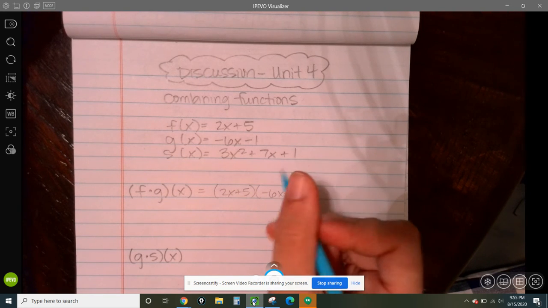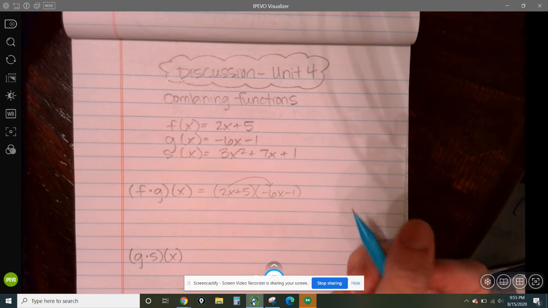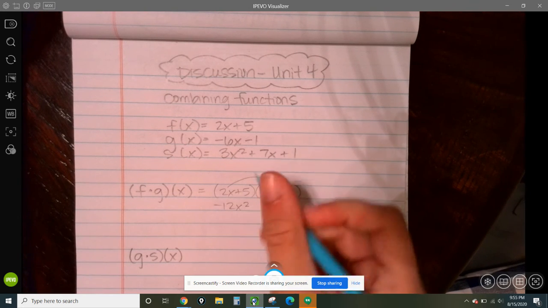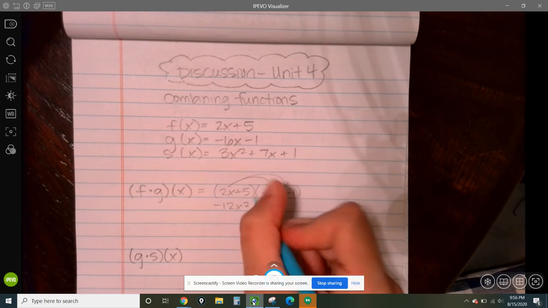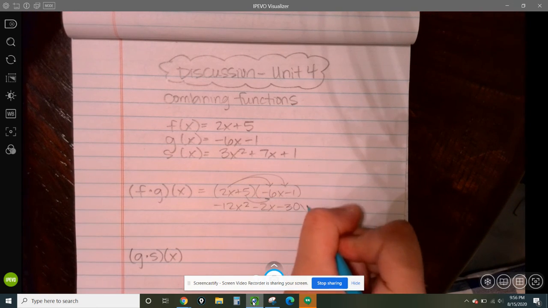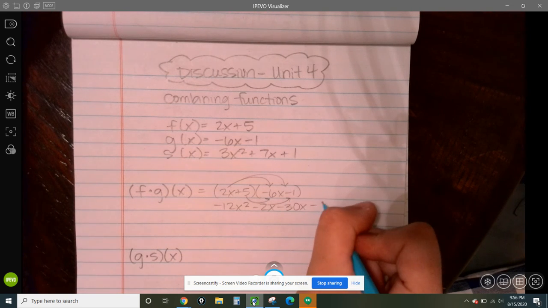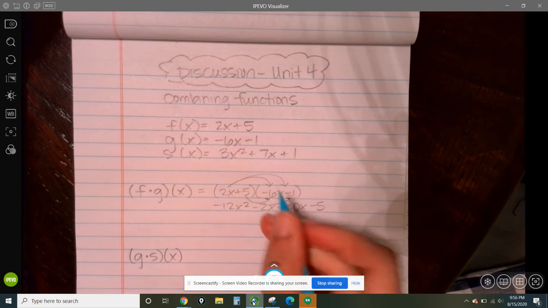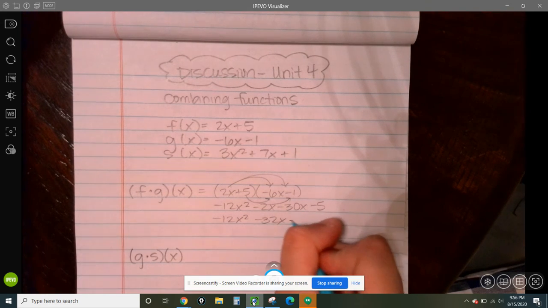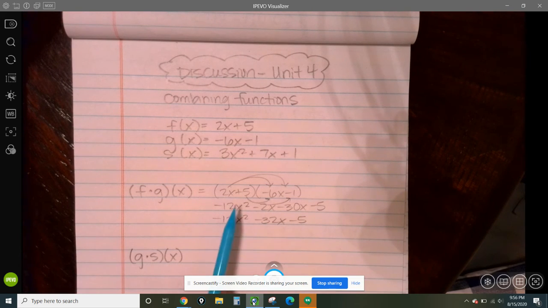The only thing that matters on this equation is really what happens with the x here. 2x times negative 6x would be negative 12x squared. 2x times negative 1 would be negative 2x. 5 times negative 6x is negative 30x. 5 times negative 1 is minus 5. Then I can combine these two terms in the middle: negative 12x squared minus 32x minus 5. So that is what I end up with. When I multiply these two linear functions together, I ended up with a quadratic. That is what they're going to ask you about here in a minute.